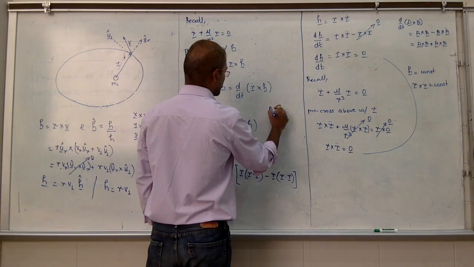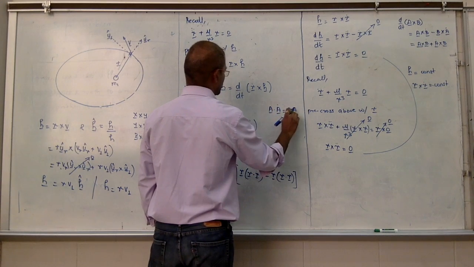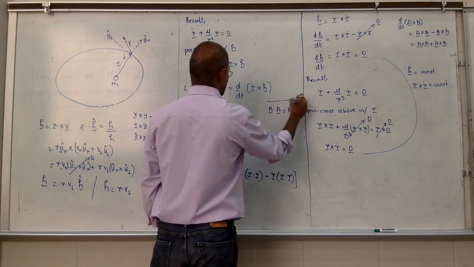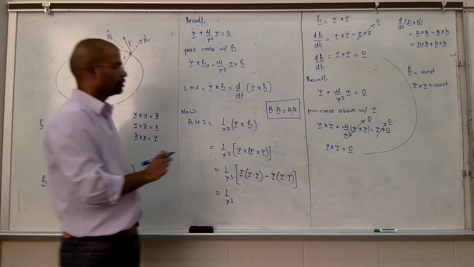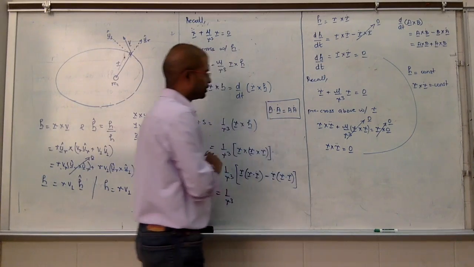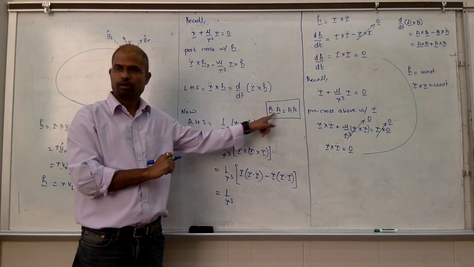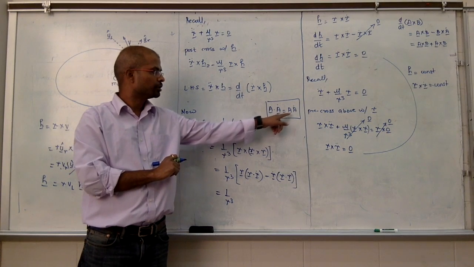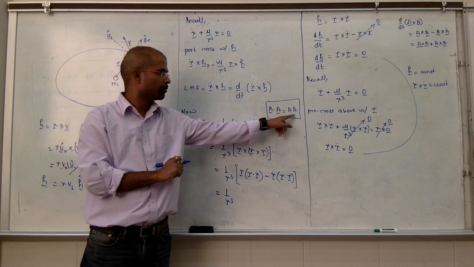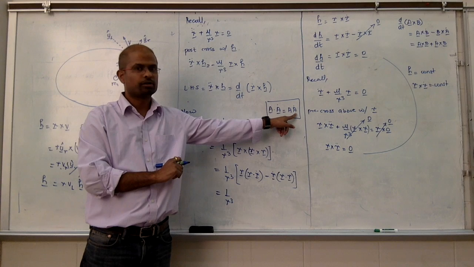Now, I want you to prove something. A dot A dot: vector A dotted with its derivative is equal to scalar A multiplied by its scalar derivative. You will go and prove this as part of your assignment. I'll post the assignment today, and I'll give you a hint.